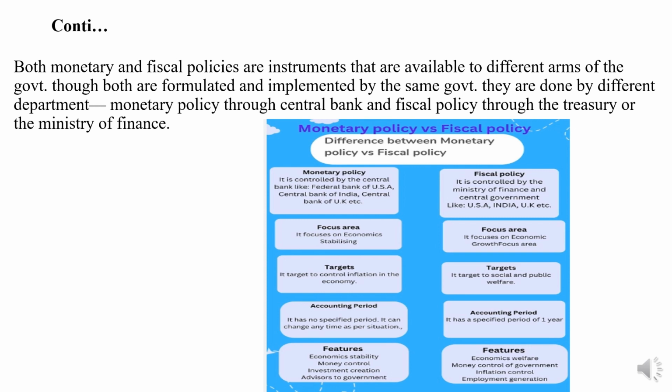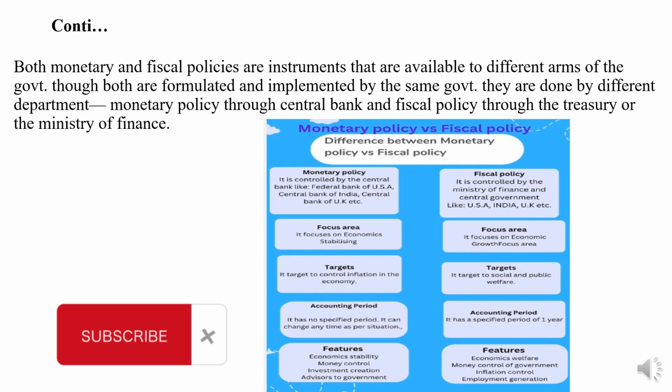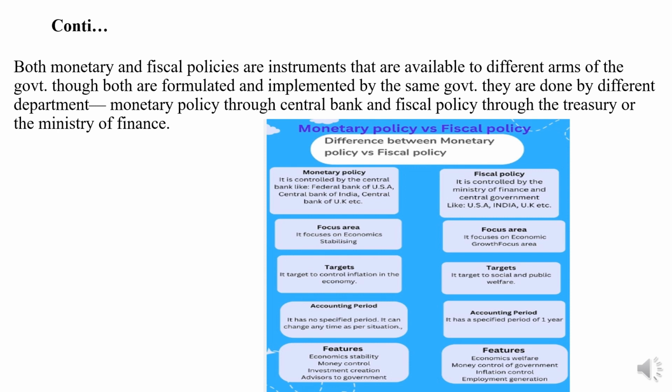On the other hand, the fiscal policy focuses on the economic growth area. The monetary policy targets are to overcome or control the inflation in the economy. On the other hand, the fiscal policy target is social and public welfare.